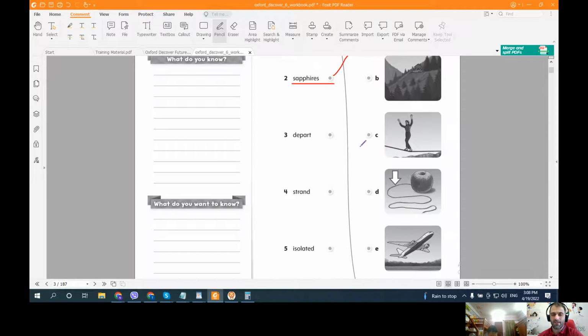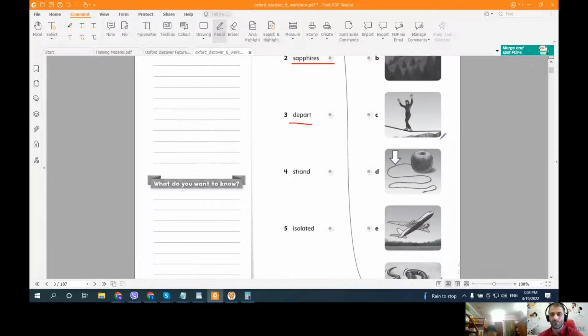Okay, now we have here number three. What is number three? The part is E. So what can you see here? They are starting to travel. Depart. Okay, and what is departing here?